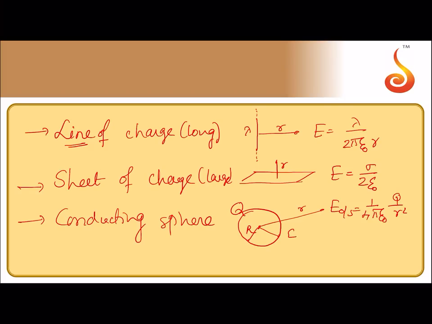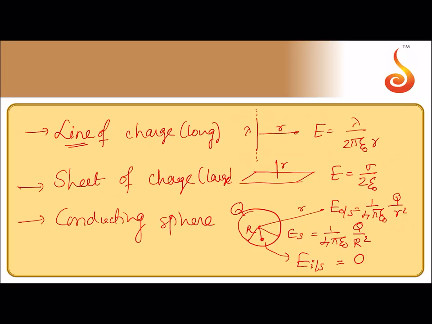The electric field at a point on the surface is 1 by 4 pi epsilon naught q divided by R square, while the electric field at a point inside is 0. These are very important set of results.